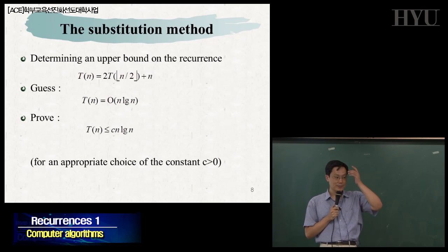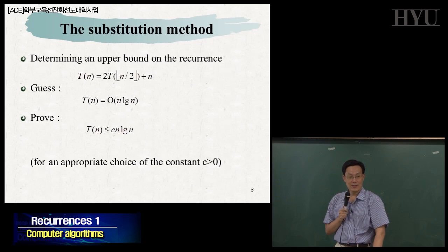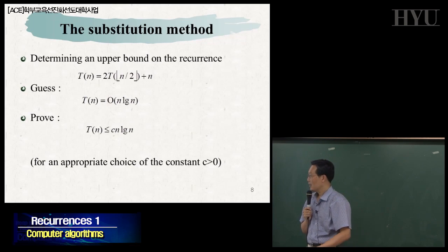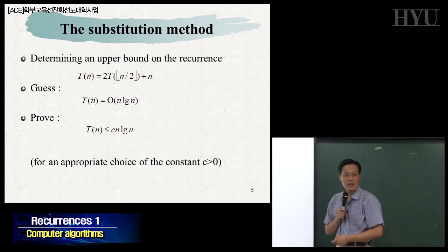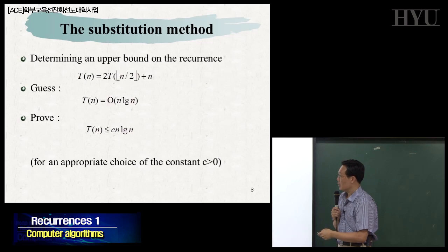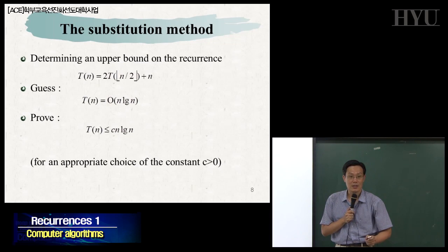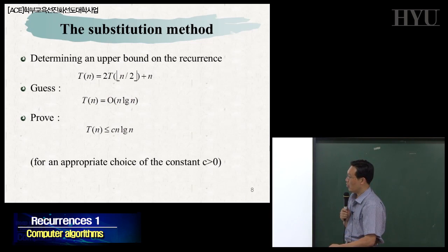The definition of big O is this. It's an asymptotic upper bound. So it means T of n is at most c n log n for some positive constant c. Okay? So we are going to prove this.